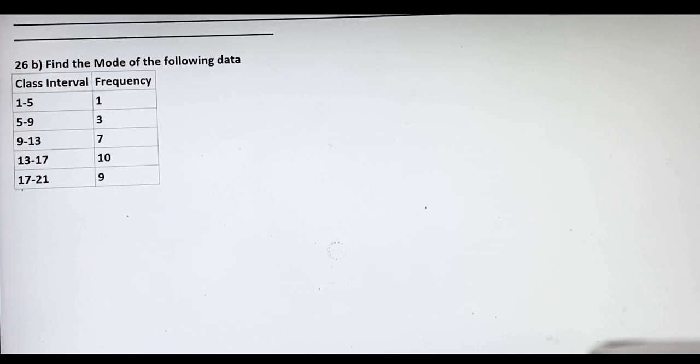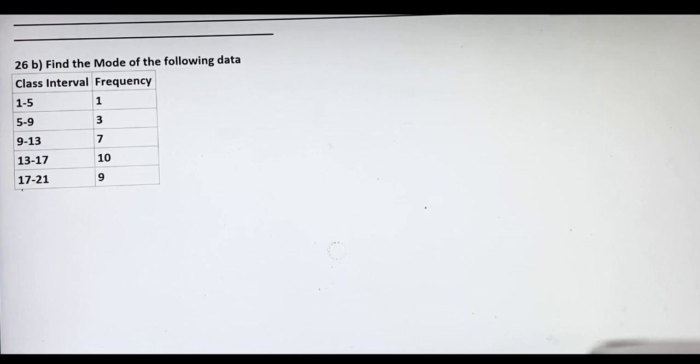So we have the table. How do we find the mode of the following data? We have a formula to find the mode. Before that we need to find the values of f0, f1, f2, h and l.